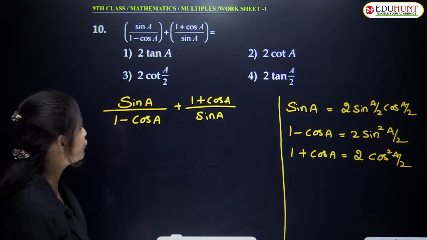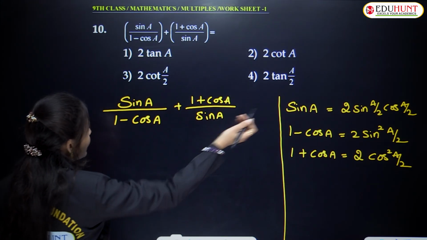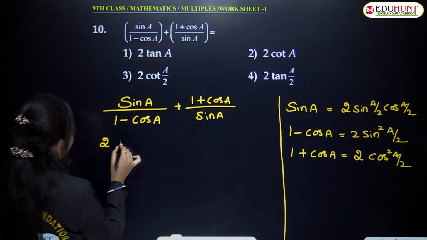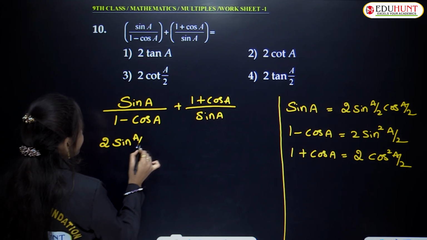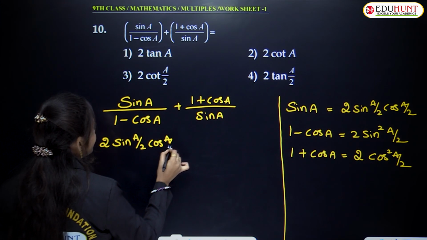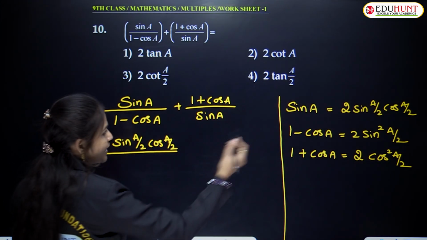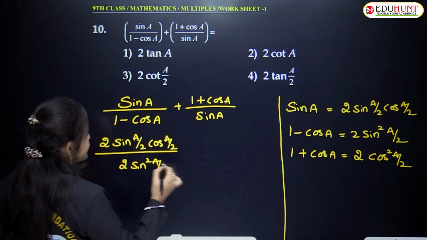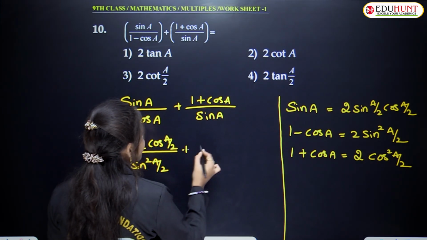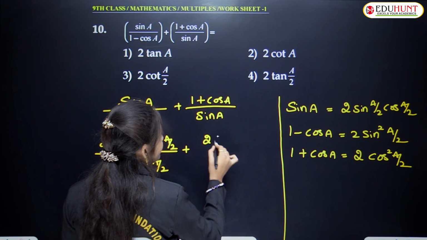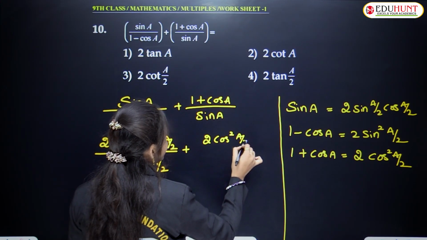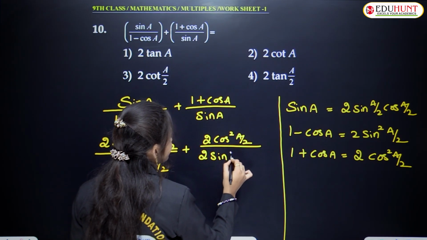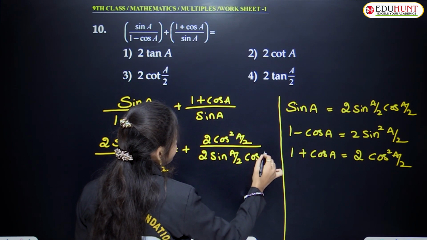Okay children, now apply those formulas here. Sin A is there, so we can apply the same formula. In place of sin A, we write 2 sin A by 2 cos A by 2, whole by 1 minus cos A, which is 2 sin square A by 2, plus 1 plus cos A, which is 2 cos square A by 2, whole by sin A, which is 2 sin A by 2 cos A by 2.